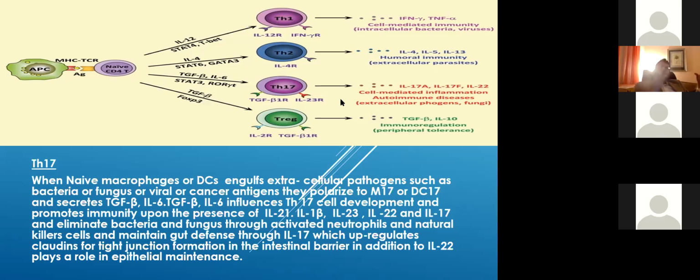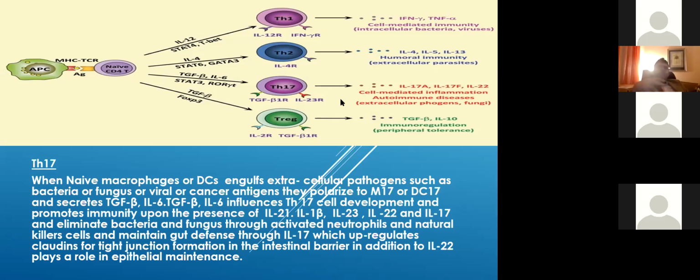And these two factors will polarize your T lymphocytes into Th17, and the Th17 will start secreting interleukin 17. Interleukin 17 will positively feed back and stimulate polarization of the macrophage into M17 and DC17, right? It's a positive feedback there.